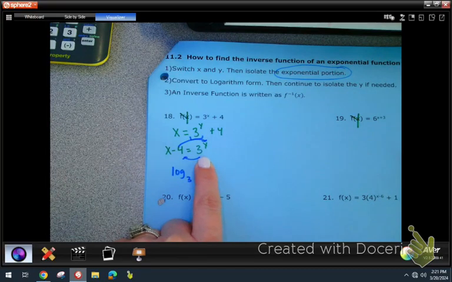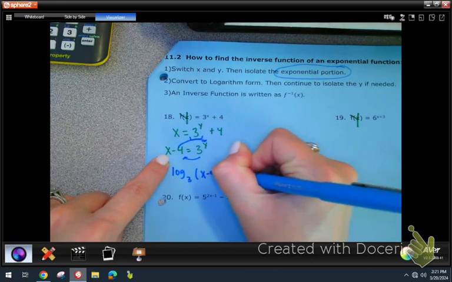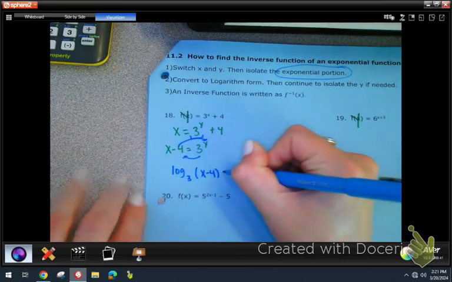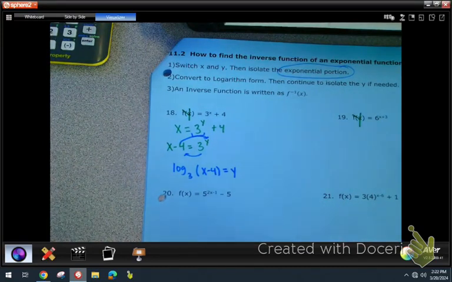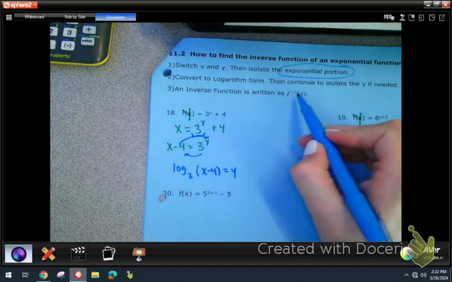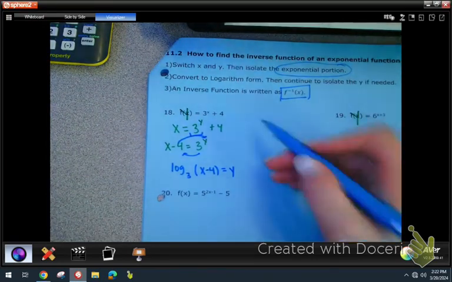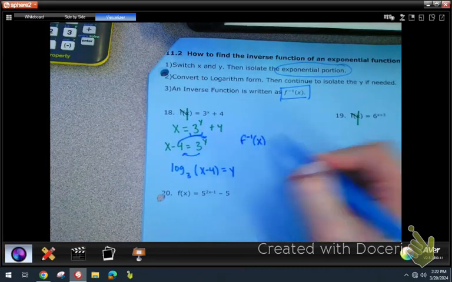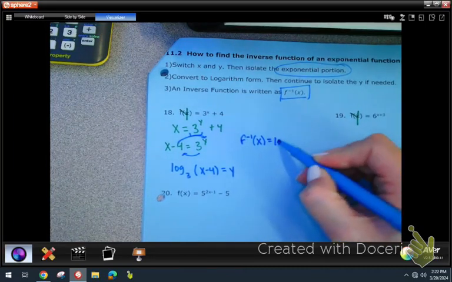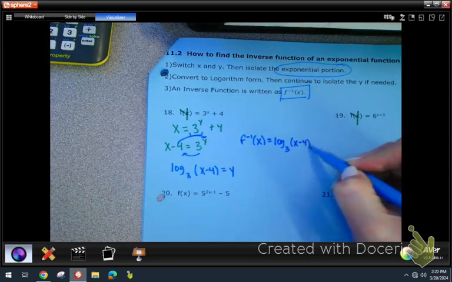So log base 3 of, what's going to be the argument of my log? x minus 4, and then that's going to equal y. And once you get y all by itself, you're done. But to finish this, you need to make sure you write it in this inverse notation. So I would put as my actual answer, f inverse of x is equal to log base 3 of x minus 4.